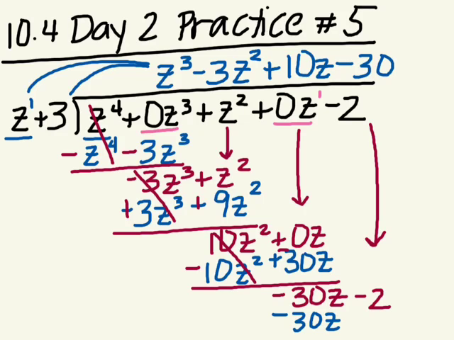And -30 times +3 is going to give us -90. Again, switch your signs and add. And here, -2 plus 90, that leaves me with a remainder of 88.